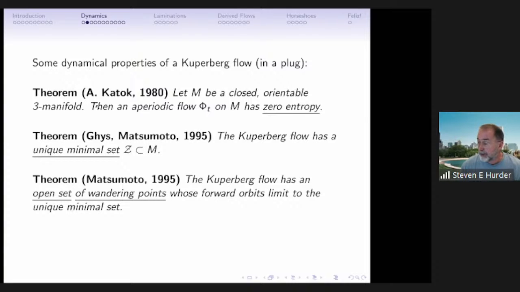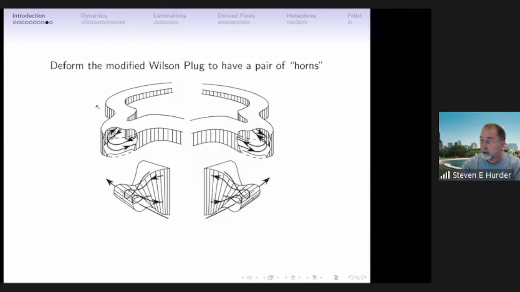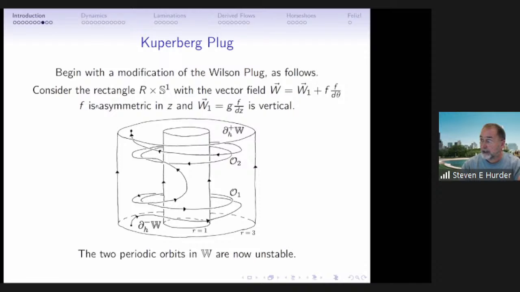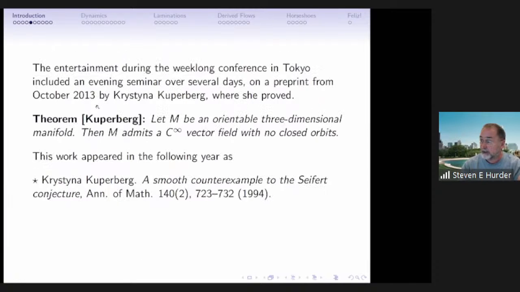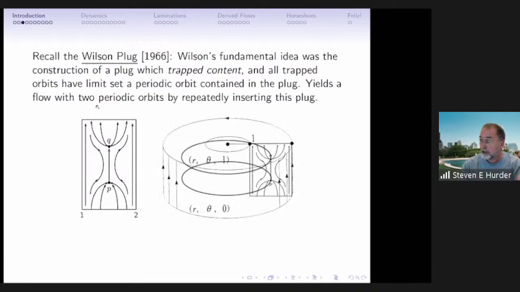Then in a paper by Shigenori, he observed that there's, much like in the picture of Wilson, where you have, I'm going to see if this works. Let's go back to Wilson, and then you'll get dizzy from popping this. Here at the bottom, you can see all these orbits going up to the point P and leaving point Q. These are going to be attracted to the point.